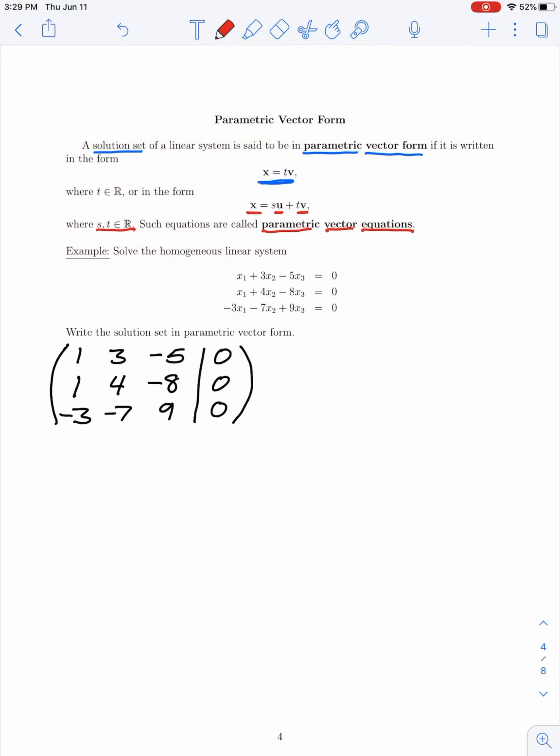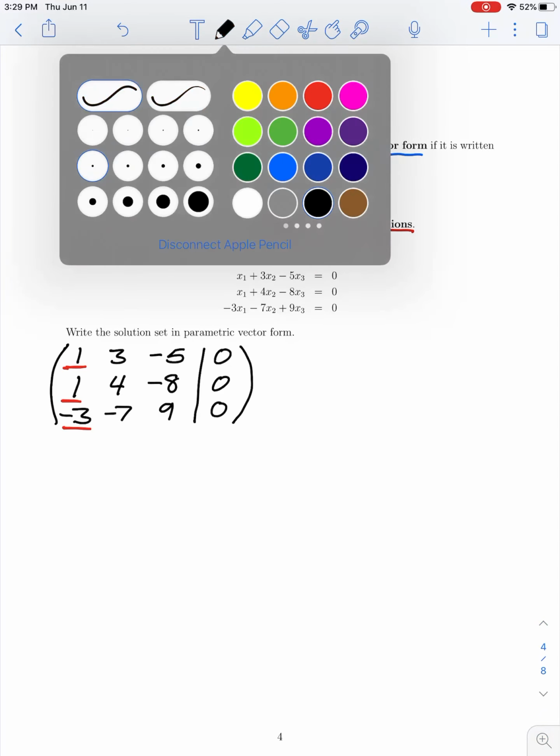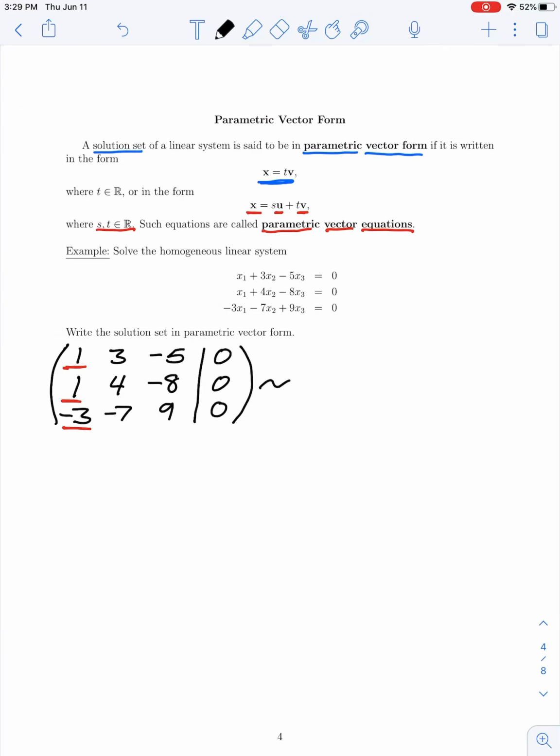So using row reduction, in our first row, we have a lead coefficient of 1, and we need to eliminate the 1 and -3 below it. To eliminate the 1 as the lead coefficient in my second row, I'll take row 2 minus row 1.